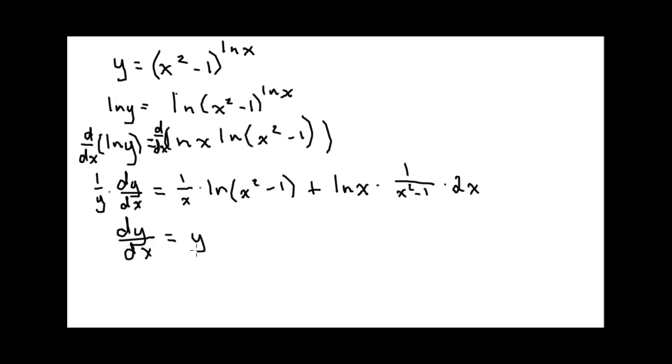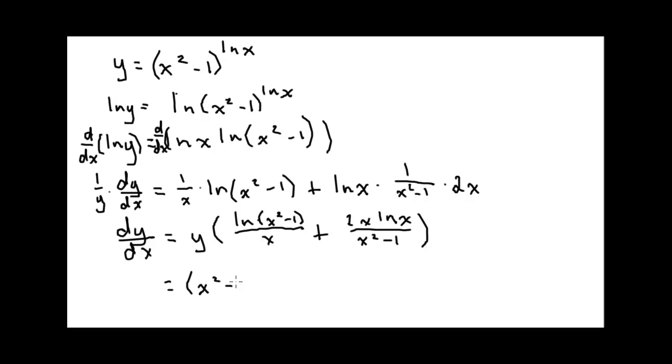So we'll multiply by y. And again, clean this up a bit. Ln x all over x squared minus 1, and just change that y back to what it's equal to in terms of x.